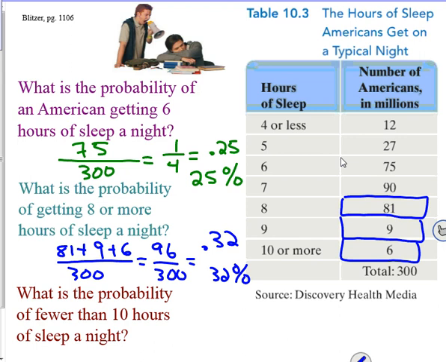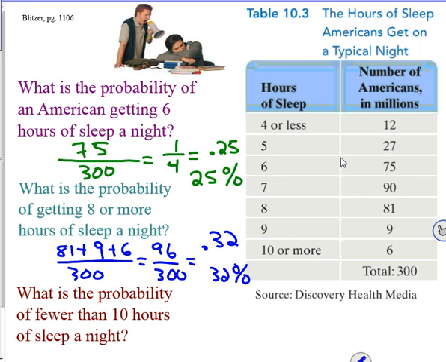One way to approach that is to add up all of the data that's less than 10, so basically everything other than the last bit. But an easier way to do this is what I call going through the back door. Going through the back door says, well, I know that there's a total of 300 and I want everybody but 6.